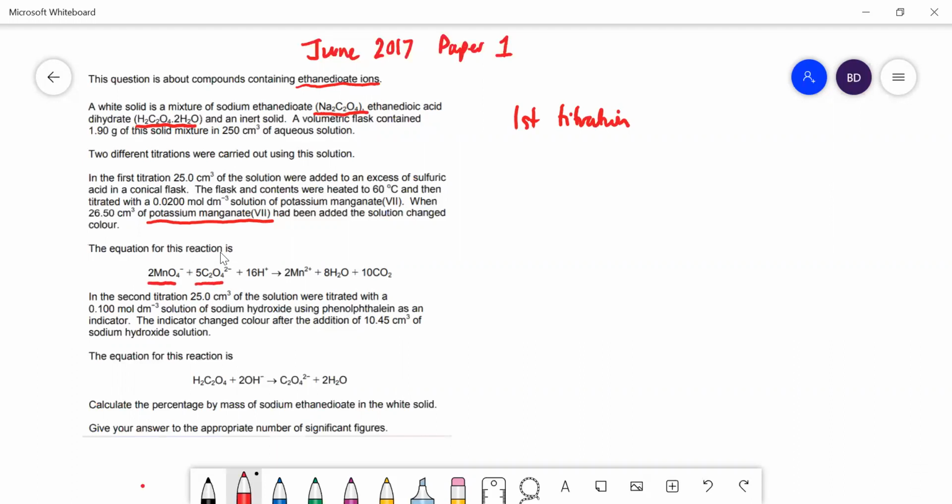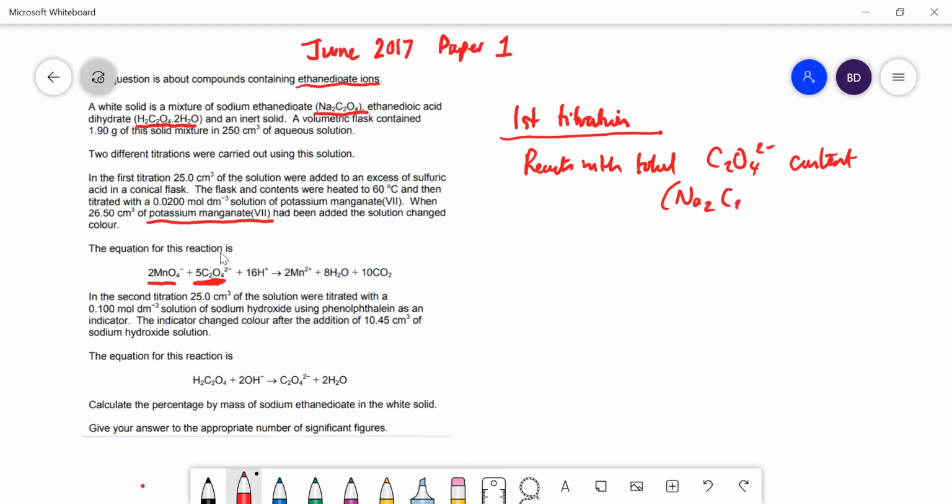It doesn't matter if they are present from the sodium salt or from the acid, it will oxidize them both. So that will react with the total ethane dioate content, just the sodium salt and the acid.